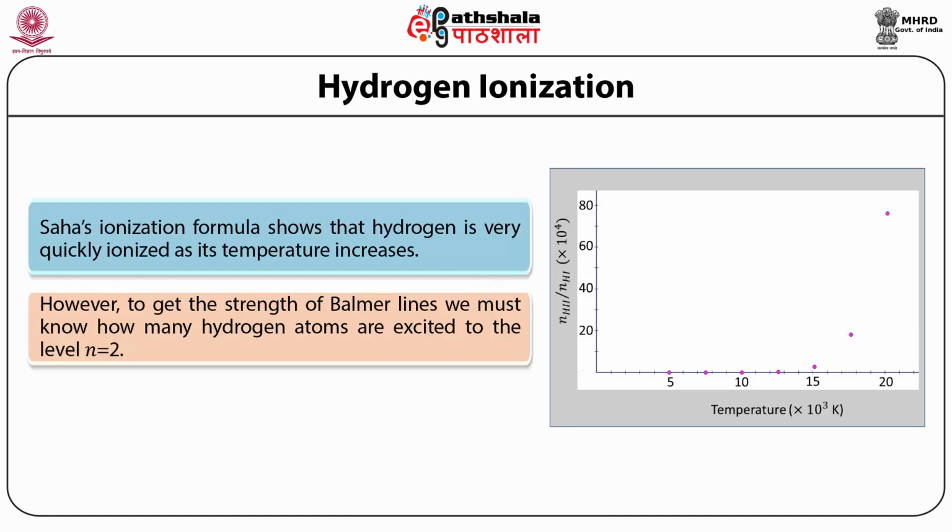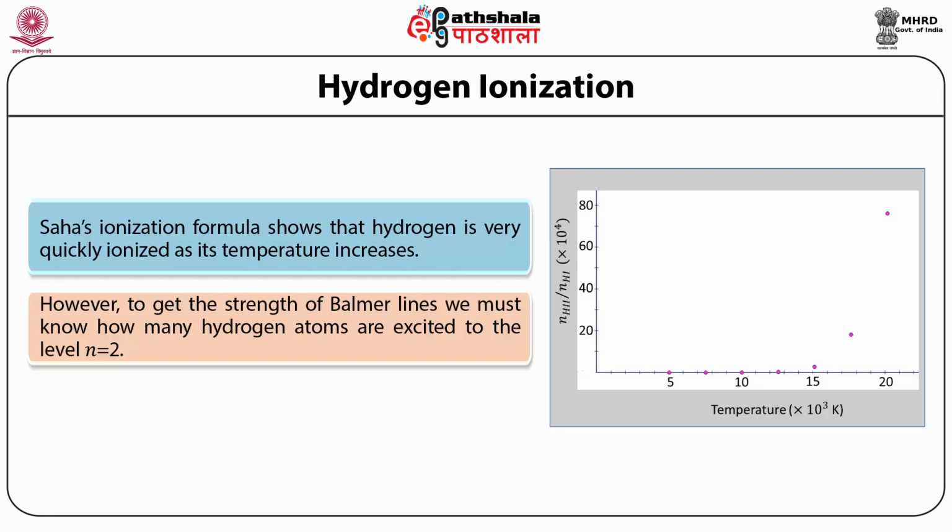The data is plotted in the given figure, and we notice that from a completely unionized state at about 5000 Kelvin, hydrogen becomes almost fully ionized much before the temperature reaches 15,000 Kelvin.